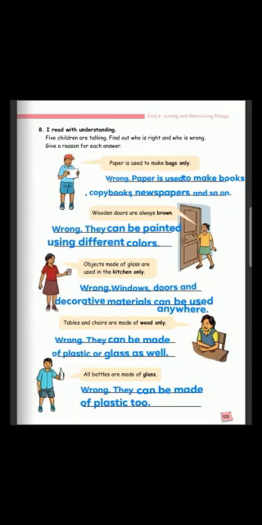Wrong, because they can be made of plastic or glass as well. And lastly, the fifth child, all bottles are made of glass. Wrong, because they can be made of plastic too. So you note this down in your book.